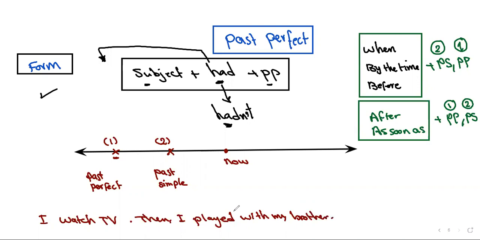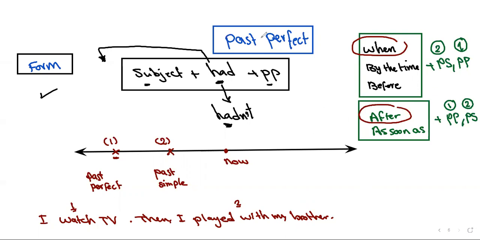So we have two actions. Of course, this is the first one, I watched TV, then I played with my brother, this is the second one. And I want you to use when as an example for this set of linking words, and after as an example for this set of linking words.